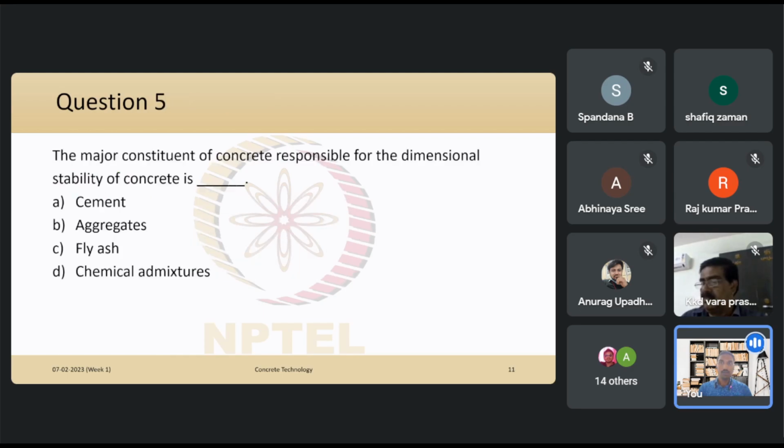Okay. So moving on to question number 5. The major constituent of concrete that is responsible for the dimensional stability of it is dash.